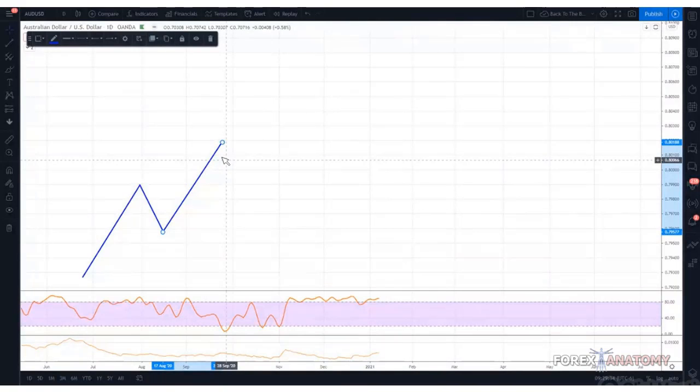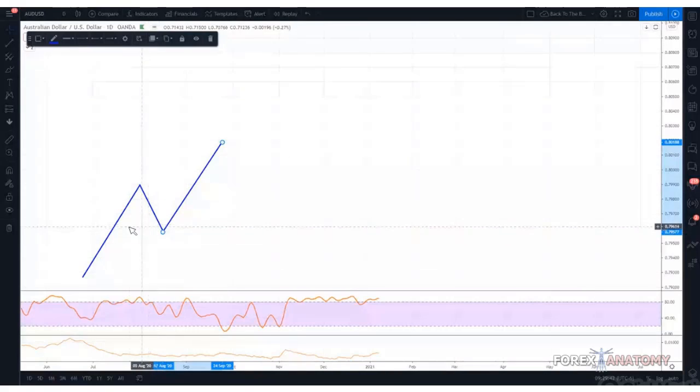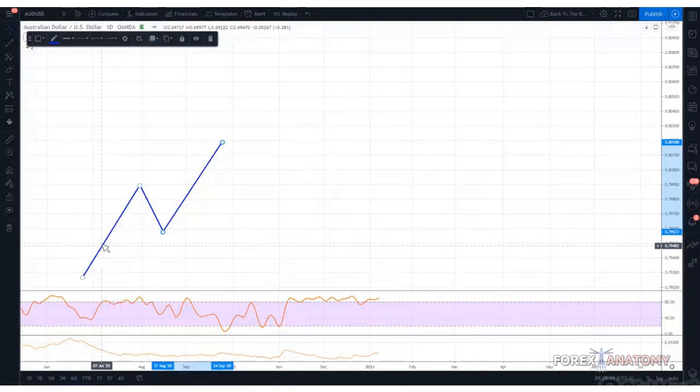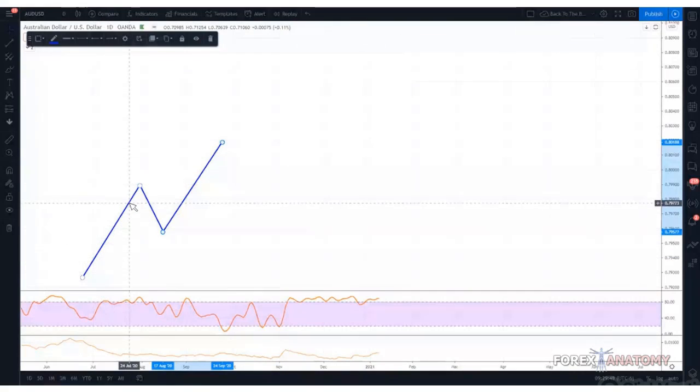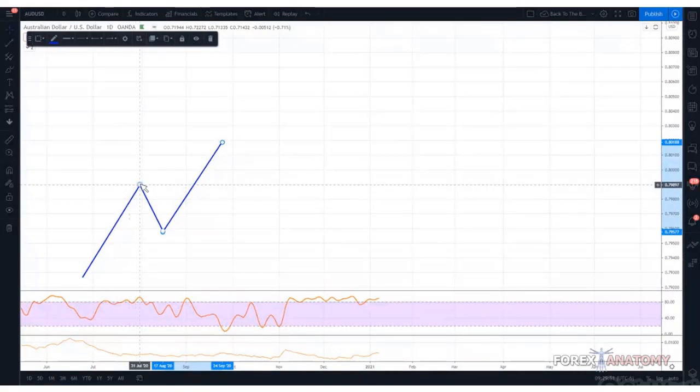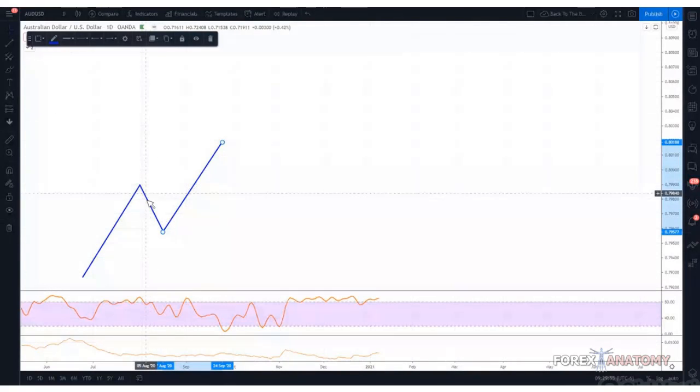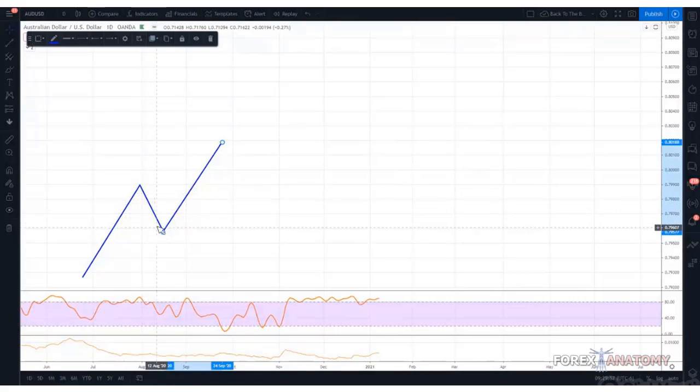So one characteristic is that the impulse wave is always longer than the corrective wave. Another word for it is the thrust. The impulse wave is also called the thrust. That wave is always longer than the corrective wave, which is also called a pullback.